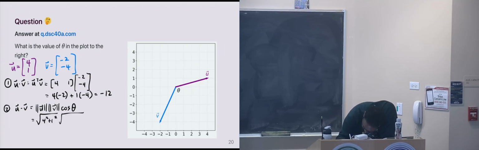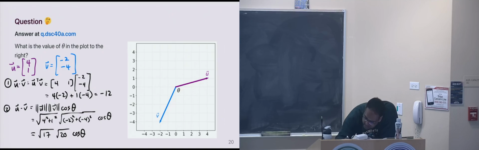What's the length of V? Square root of -2 squared plus -4 squared. Cosine of theta. So to me this looks like square root of 17, square root of 20, cos theta. The key idea here is that all of that is equal to negative 12.